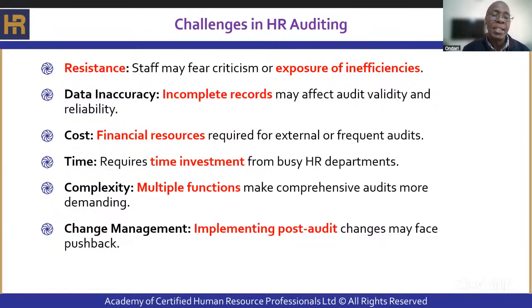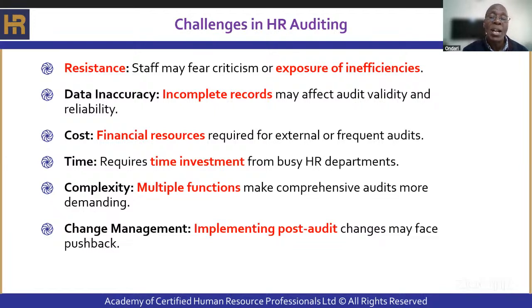Secondly is data inaccuracy, especially in organizations that are using manual records. These records may be incomplete or may be having errors. And the end result is that we also make errors in our final decisions after the audit.